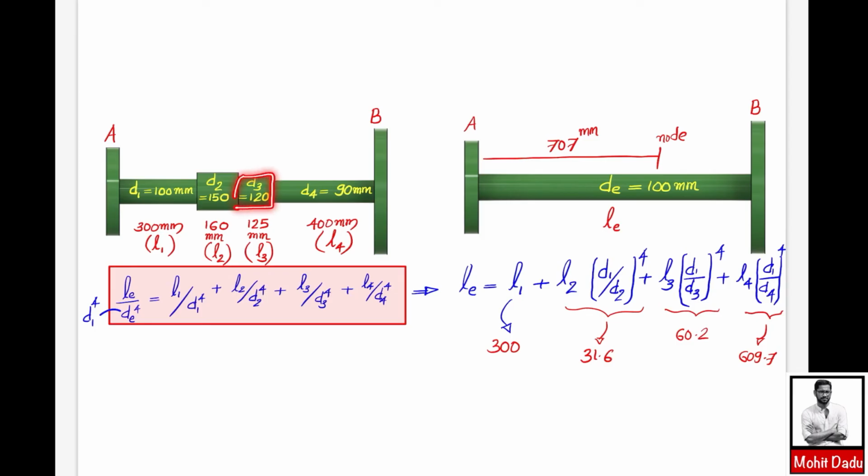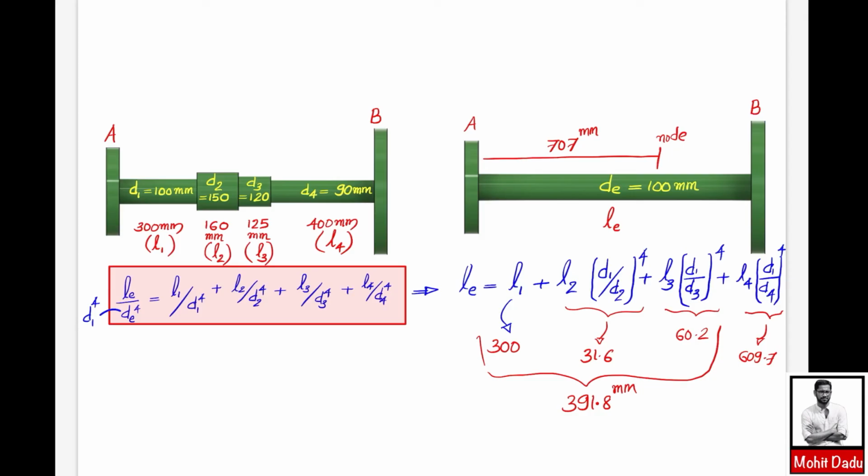Similarly, the 120 mm diameter part of 125 mm length contributes only 60.92. If you add all these three values, it comes to around 391.8 mm only. But the node is at a position of 707 mm from the left end.